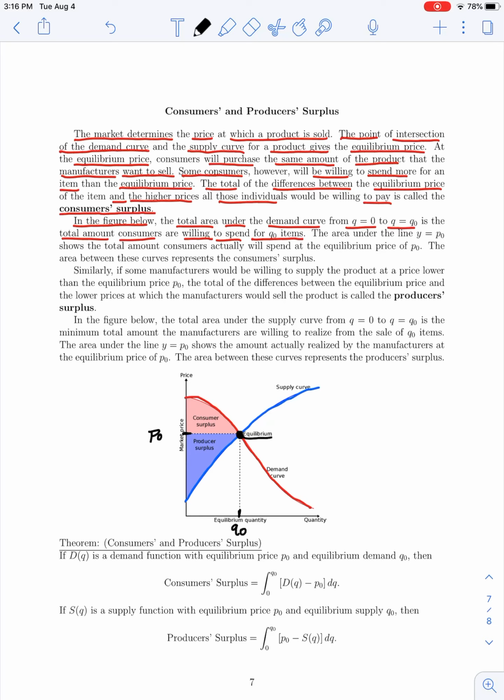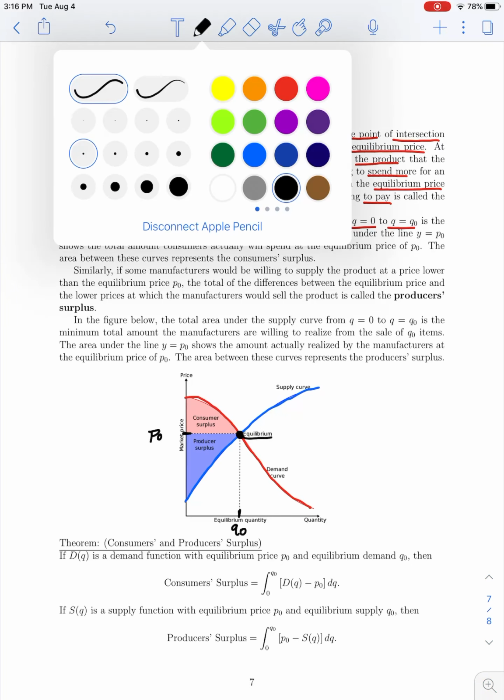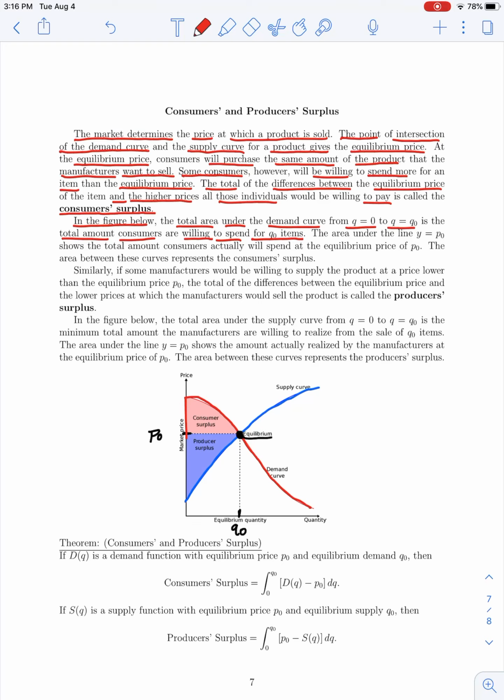So here, if we're considering the total area under this demand curve from Q equals 0, so starting from 0 quantity up through Q equals Q naught, this total area would be the total amount consumers are willing to spend for this Q naught number of items.